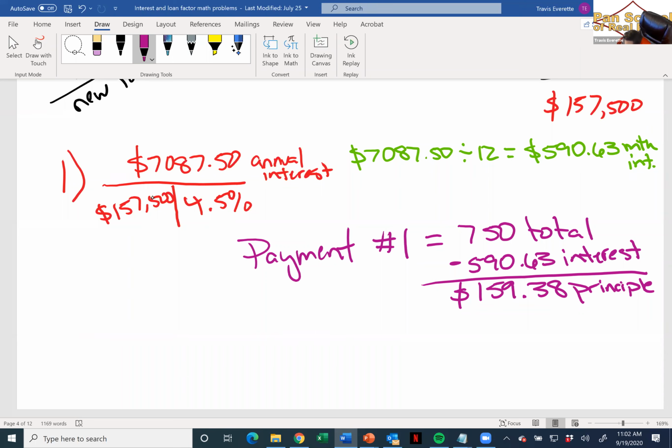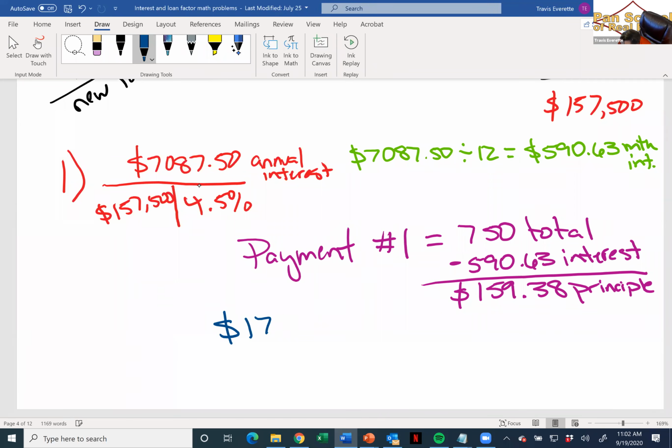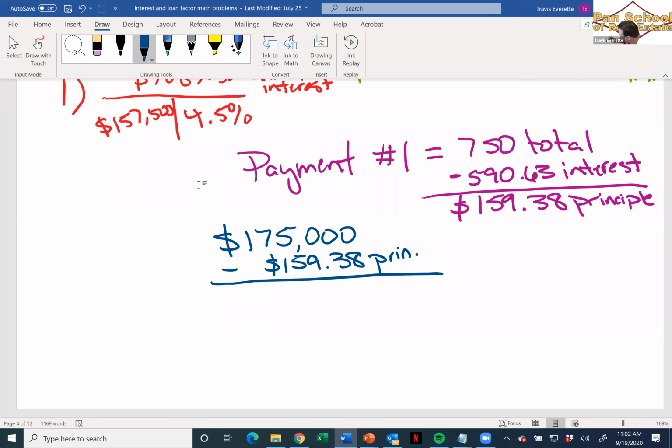How much did I owe before payment number 1? 175,000. I owed $175,000. How much did I pay off with payment number 1? 159.38. 159.38 is my principal payment on payment number 1. So my loan balance after that first payment is 174. Oh, sorry, 157.5.